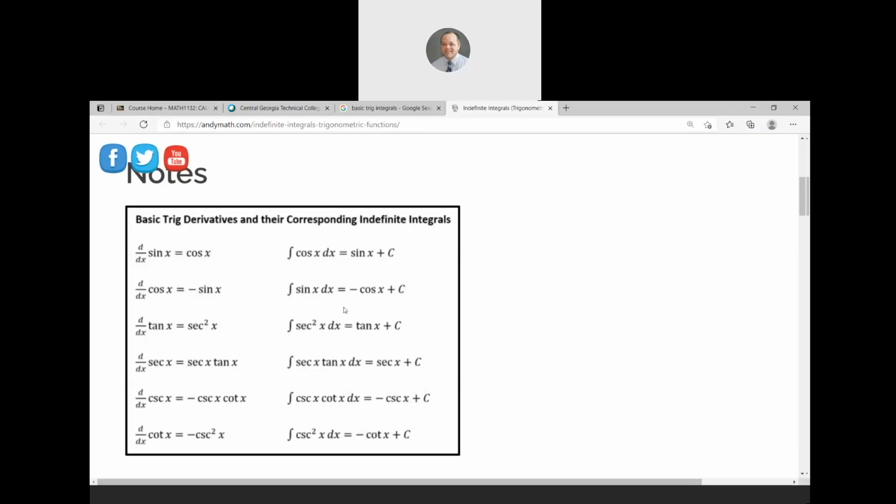Next, the integral of secant tangent is secant x plus c. The integral of cosecant x cotangent x is negative cosecant x plus c. And the last basic trig integral, cosecant squared x dx is negative cotangent x plus c.